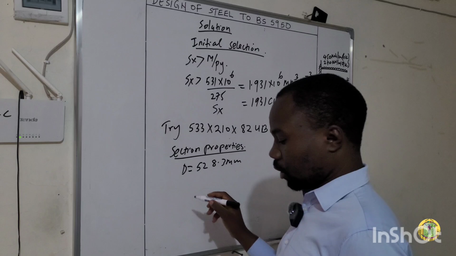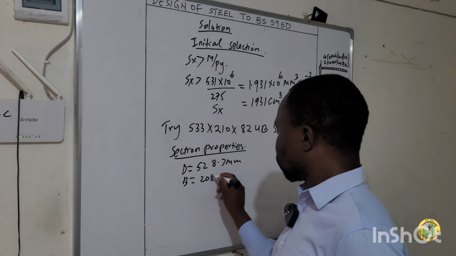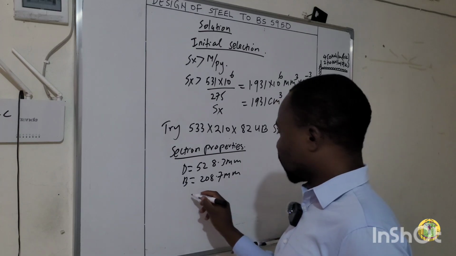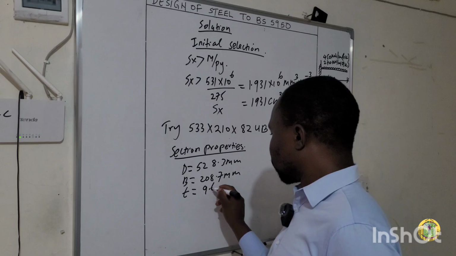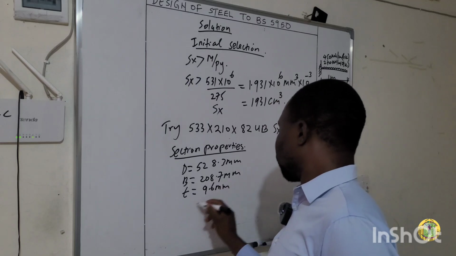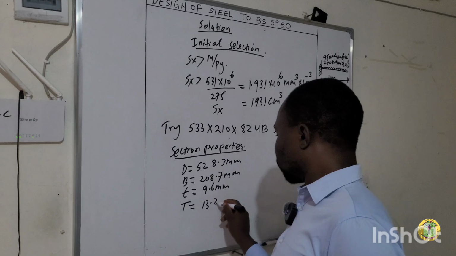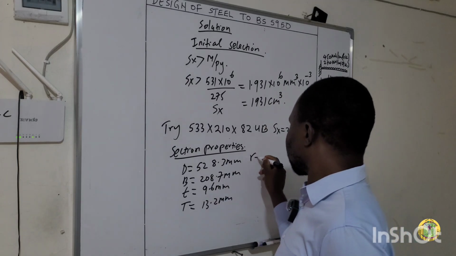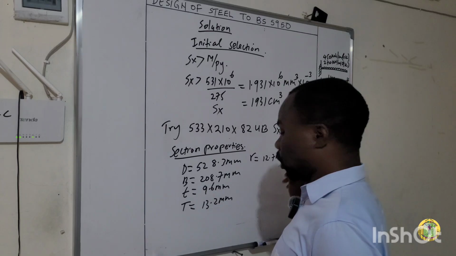You have seen this. B is equal to 208.7 millimeter. And then small t is equal to 9.6 millimeter. Capital T is equal to 13.2 millimeter. We have the R is equal to 12.7 millimeter.